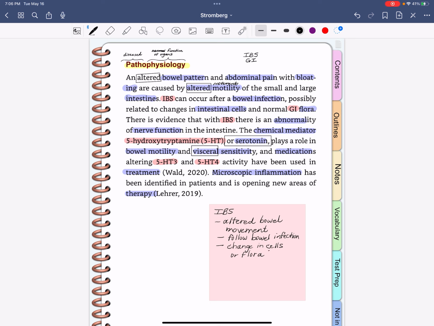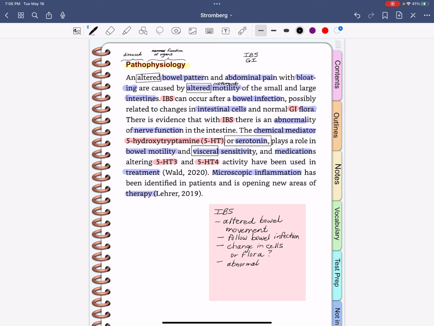Possibly. We don't know. It just says it may be. We know that there is evidence that IBS is linked to abnormal nerve function, which ties into that concept of serotonin, because I know that serotonin plays a role in nerve function.